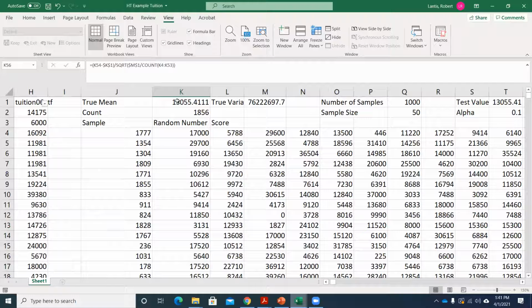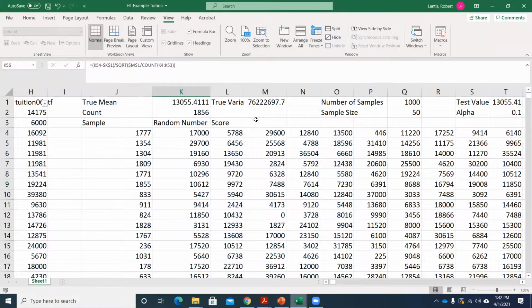I kind of cheated, right? Well, I know that if what I assume to be true is in fact true, my alpha should be the proportion of type 1 errors I make. What was a type 1 error? It's the proportion of times I reject the null, that the true value is equal to what it is, when in fact I shouldn't have rejected it, because what I assume to be true is in fact true.